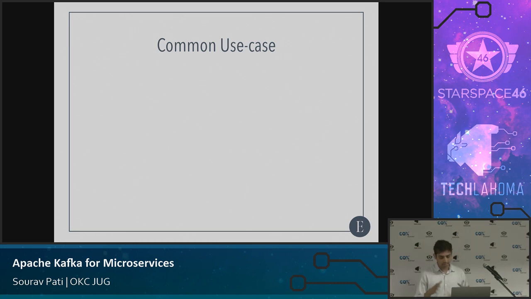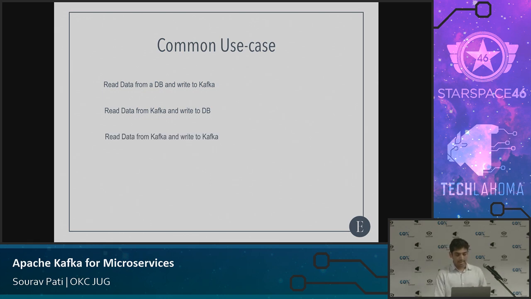Now, some of the common usages, other than having your microservices communicate with each other, are these: you will probably have some SQL database where you read data and write to Kafka, or you will have a use case where your microservice is feeding data to Kafka and you want to read from the Kafka topic into a different data storage.